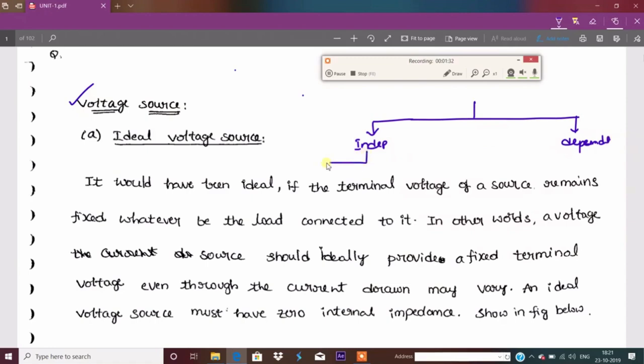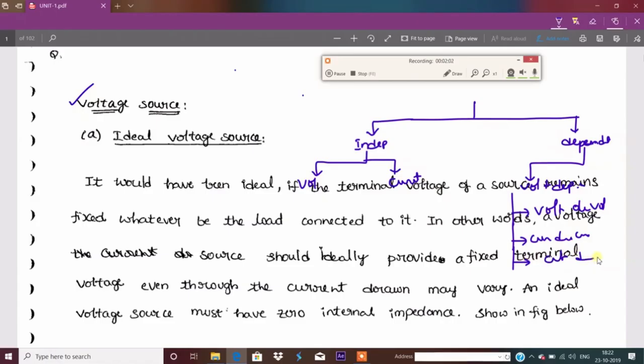In the independent sources, we have a voltage source and a current source. Here also we have a voltage source that depends upon the current. Second, voltage source depends on voltage, then current source depends on current, and current source depends on voltage.